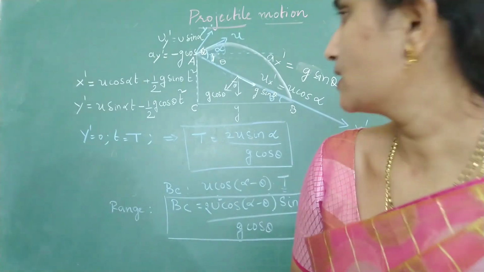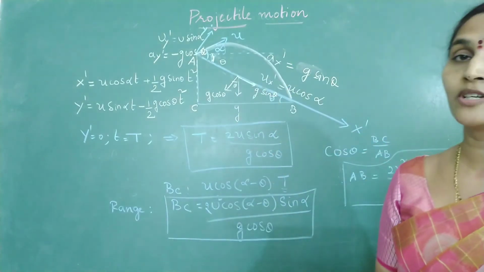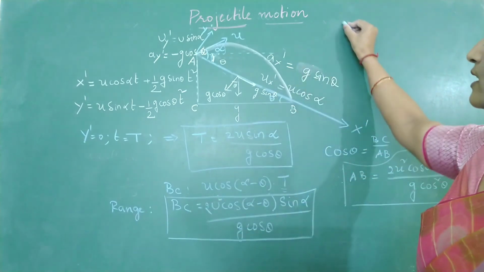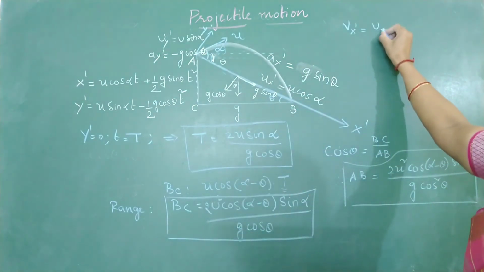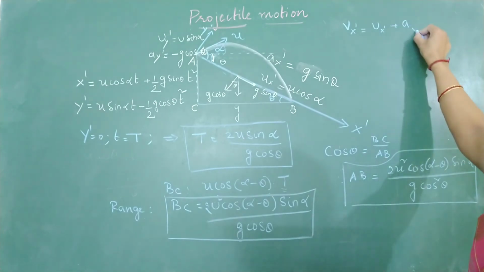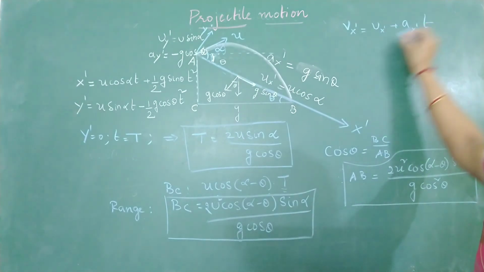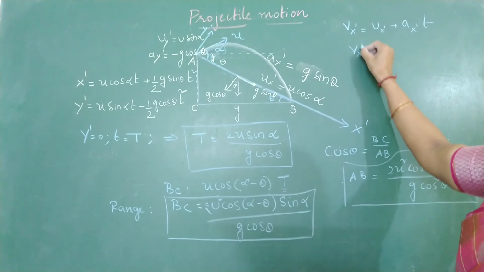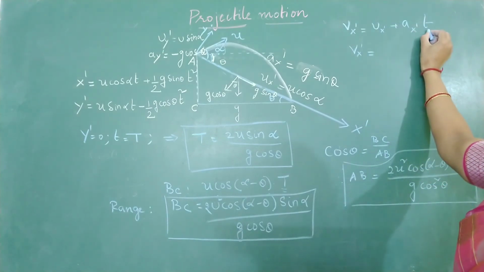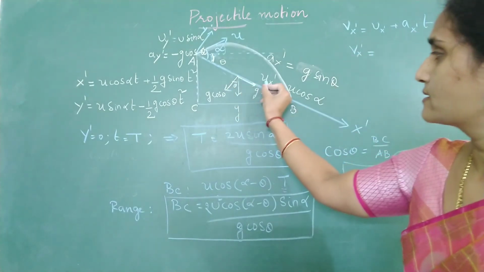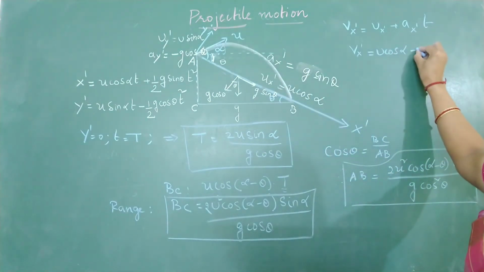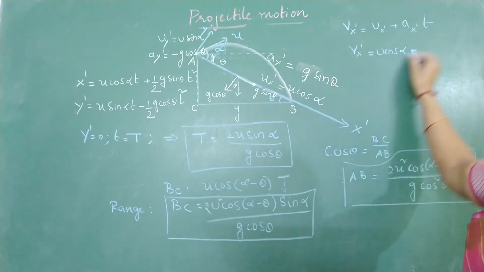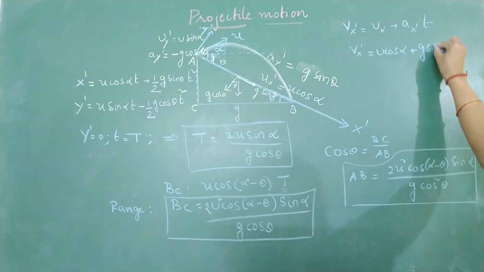And sometimes they may ask you what is its velocity after t seconds. So it's just like an oblique projectile. vx dash is ux dash plus ax dash into t. Find out its velocity along the x dash axis after t seconds. ux dash, that is u cos alpha, plus, it is plus for this, g sin theta into t.